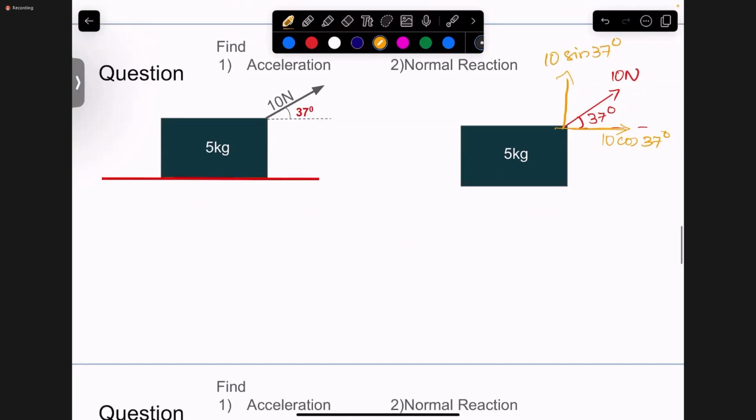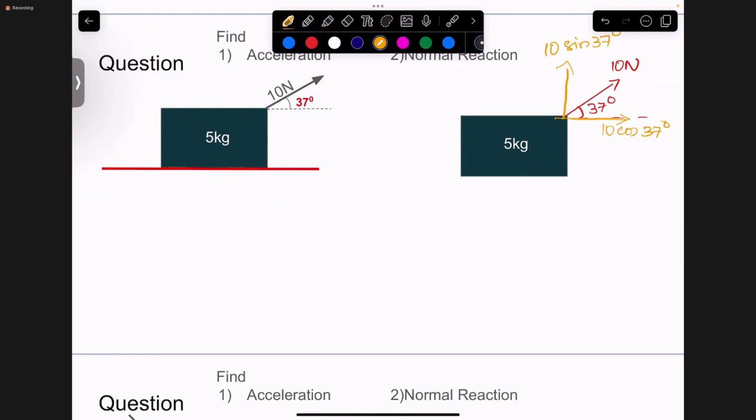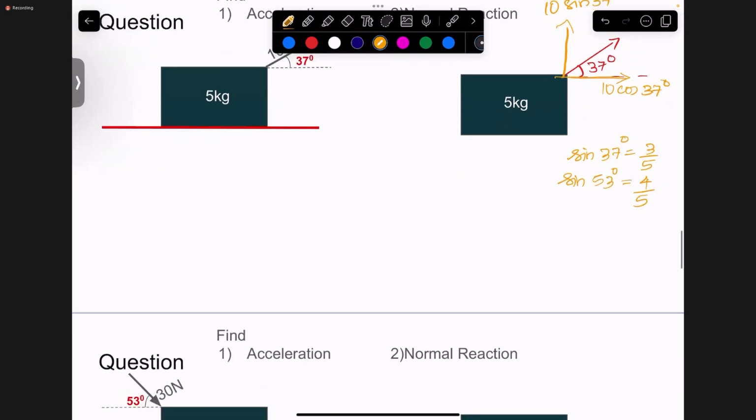This is a very important result, that sine 37 equals 3 by 5 and sine 53, because 37 plus 53 equals 90. So sine 37 and 53 angles are very well asked. So you have to remember this.